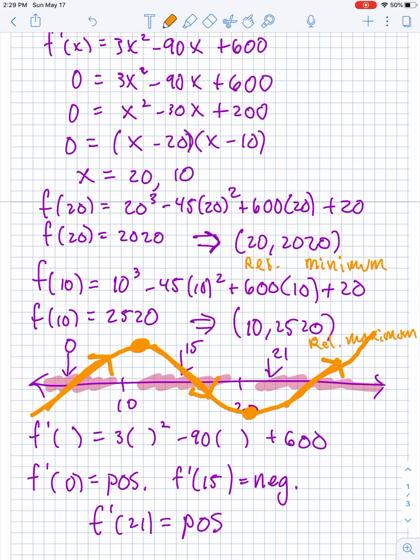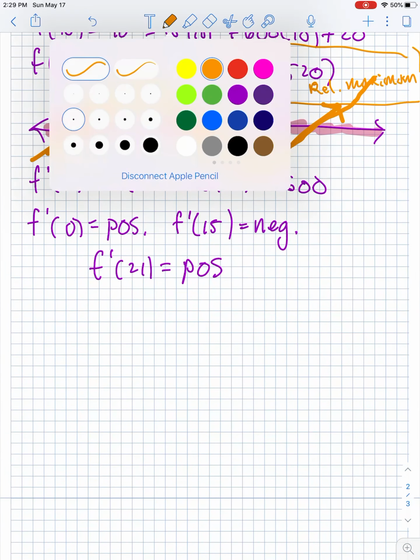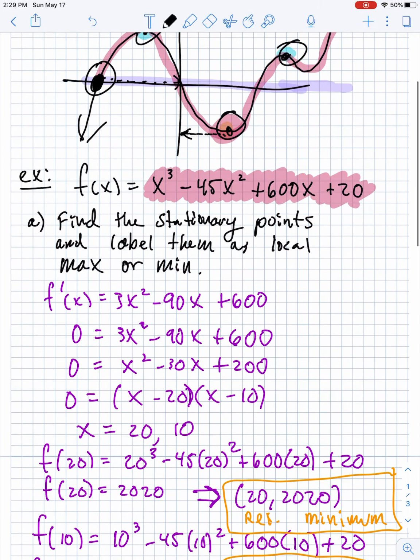So that's the first part of this problem, that this stationary point is a relative minimum, this stationary point is a relative maximum. The second part to this that I didn't write down yet. Did I even say this was part A? Yes.